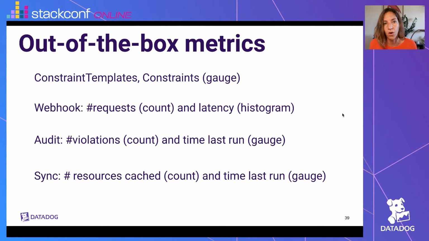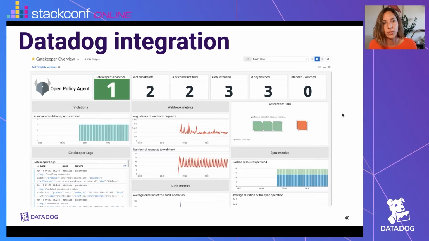So it has a lot of out-of-the-box metrics, like the number of constraint templates and constraints, the requests to the webhook per second and the latency, the number of violations, so the number of objects that are violating a particular rule, and how much data we are going to have synced for that rule to happen. We are going to see some of them during the demo.